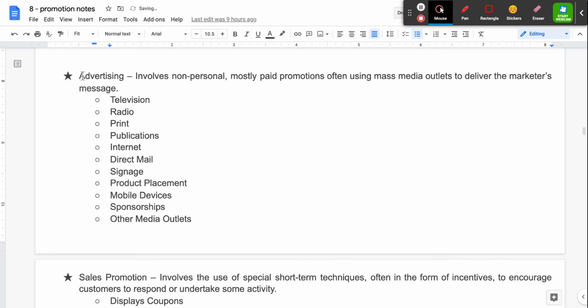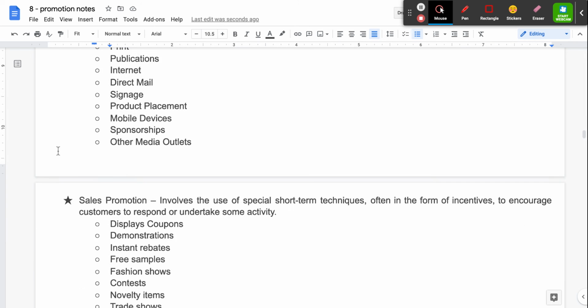So, television, radio, print, publications, internet, direct mail, signage, product placement, whether it's in a movie or something else, that's product placement, putting our product out there. Sponsorship on your mobile device, other media outlets. So, a lot of the things that we typically associate with promotion and what advertising is, television, radio, print, those were the big three for a very, very, very long time.